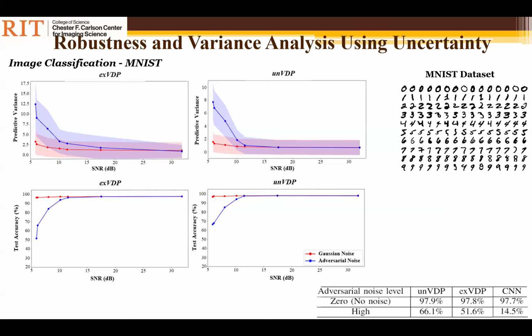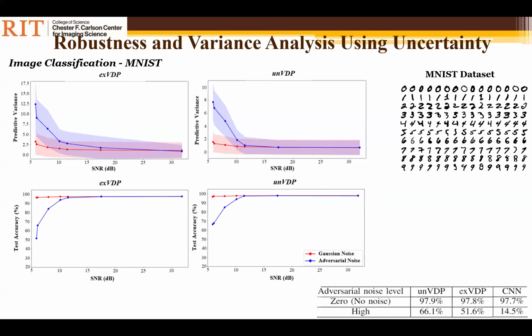That's for adversarial noise, even more than Gaussian or random noise, which is the red curve. The highlighted area is the error bar around the variance that we computed for each experiment.